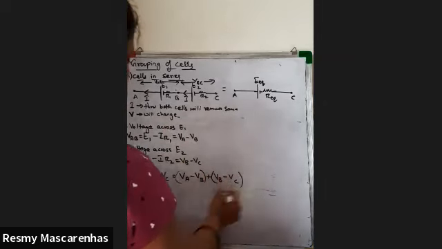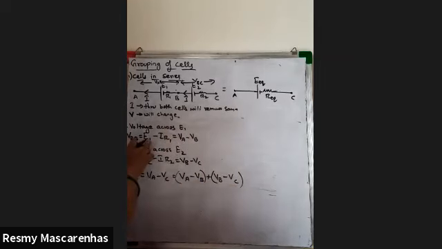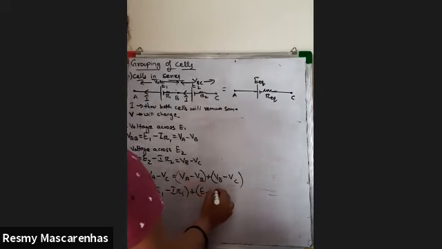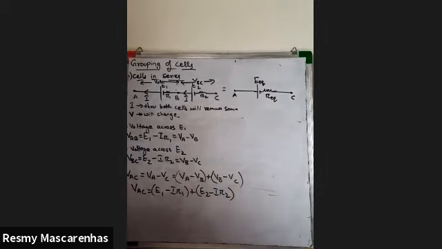So VA minus VB is what? E1 minus IR1, substitute it. So VAC will be equal to E1 minus IR1 plus VB minus VC, which is what? E2 minus IR.